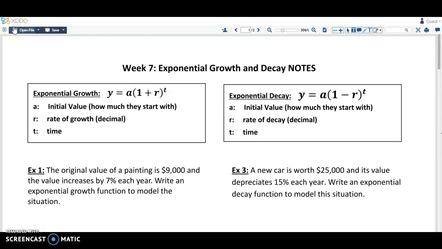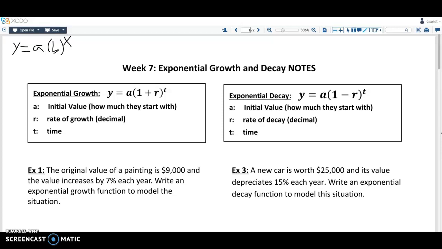Hey everybody. Last week we introduced exponential functions and we talked about how to identify each piece of the exponential function when it was written as y equals a times b to the power of x. A was the starting amount.